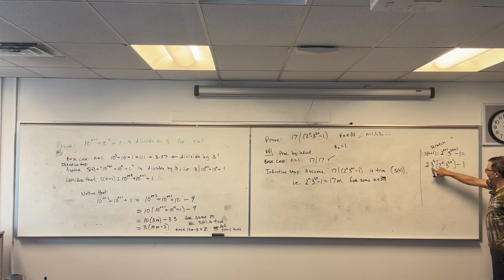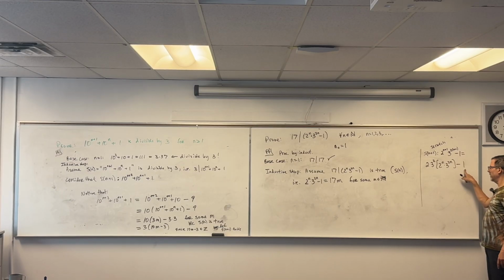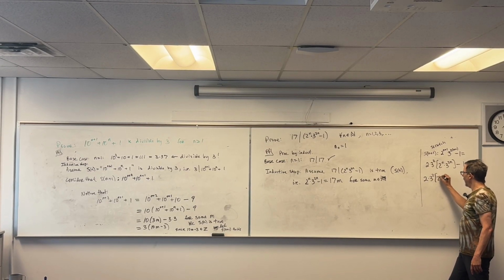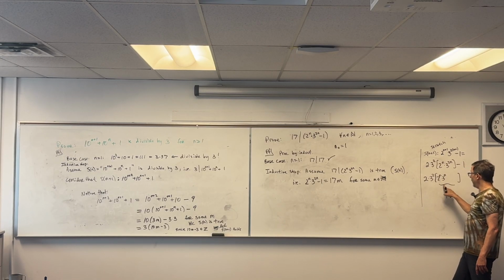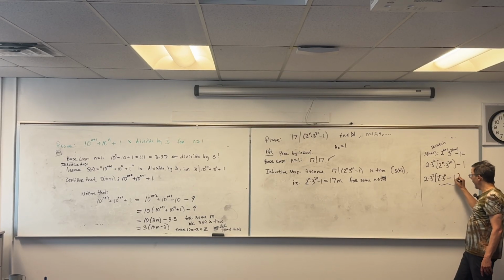I can pull this 18 out of here pretty nicely, but I can't pull it out of here. So watch what happens. I'm going to take 2 times 3 squared, and inside this bracket, I'm going to write my thing that I know is divisible by 17.